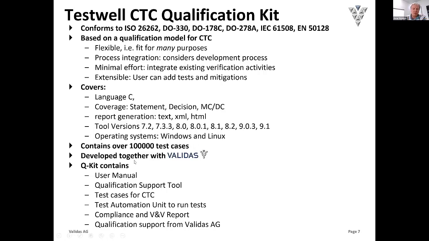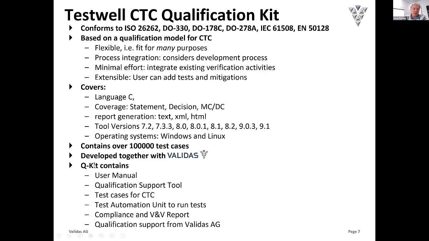The Q-Kit contains a user manual on how to use it, and the best thing is this qualification support tool that guides you like an installer through this qualification. There are test cases inside, of course, and a test automation unit that runs the test cases on your environment, and you can set some paths there. I'll show this later on. Of course, there's a compliance report and the V&V report.